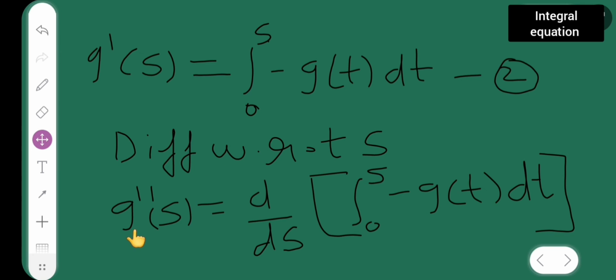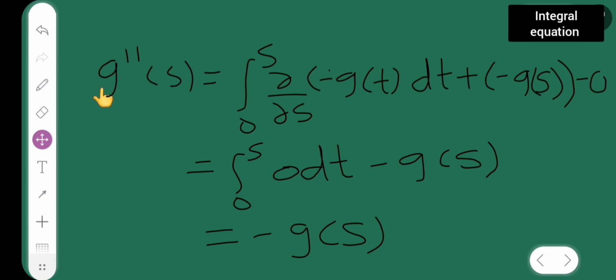So I will get g double dash of s, the double derivative, equal to d upon ds. Differentiate this again with respect to s, and then apply the Leibniz rule again for this one, and I will get something like this. g double dash of s is equal to integral from 0 to s of dou by dou s of minus g of t dt, plus minus g of s minus 0.